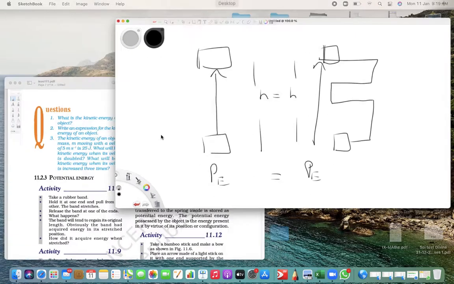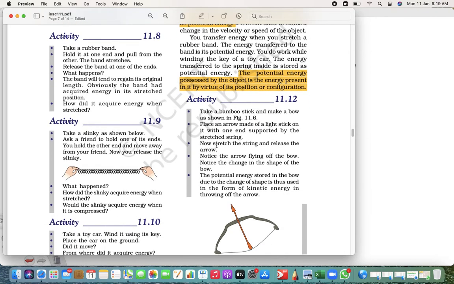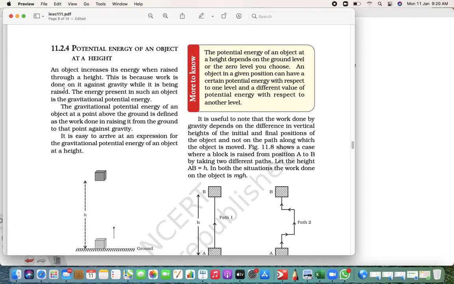So let me show it in our textbook. What it says: the potential energy possessed by an object is the energy present by virtue of its position. So basically it is stored in the form of potential energy. Now let us derive an equation.